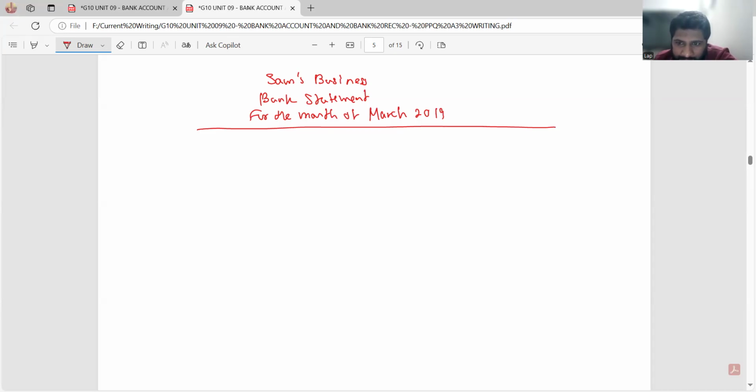So a bank statement has three columns, you know. What are the three columns? One is the debit column, another is the credit column, and the other is the balance column.